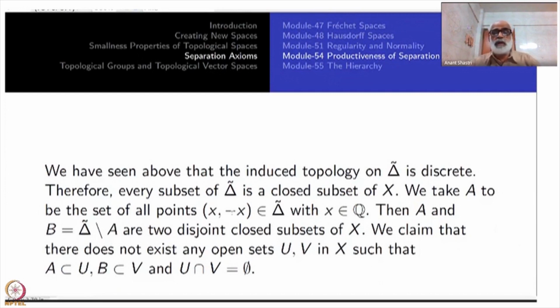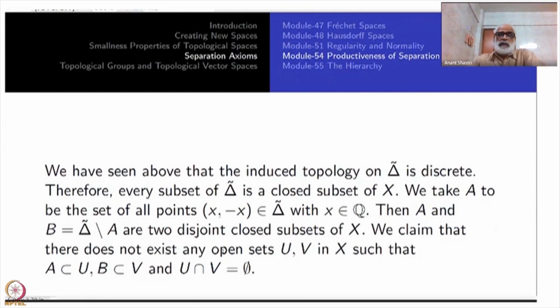So these two are now disjoint closed subsets of X. One is (r, -r), where r is rational. The other one is (r, -r), where r is irrational.